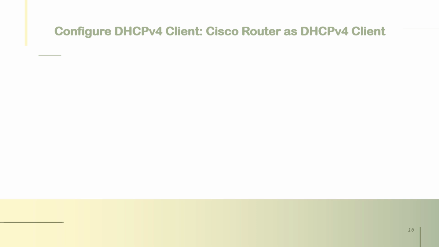The method used depends on the internet service provider. However, in its simplest configuration, the Ethernet interface is used to connect to a cable or a DSL modem. To configure an Ethernet interface as a DHCP client, we have to use the ip address dhcp interface configuration mode command.